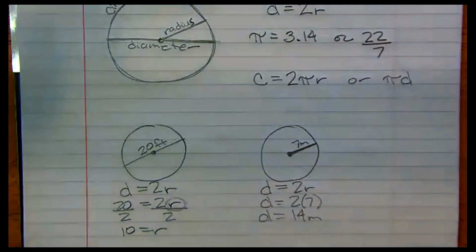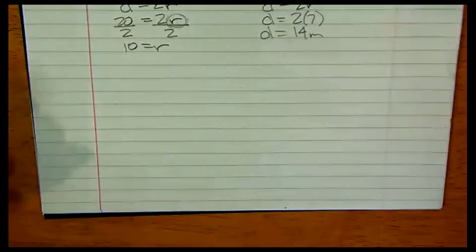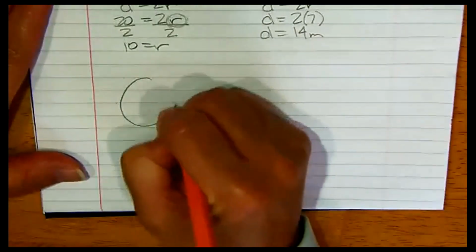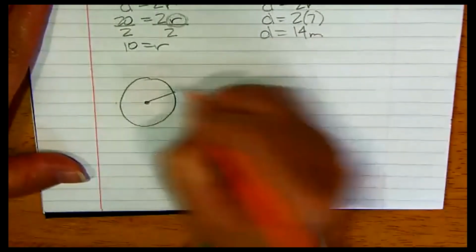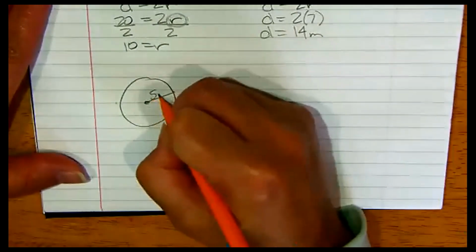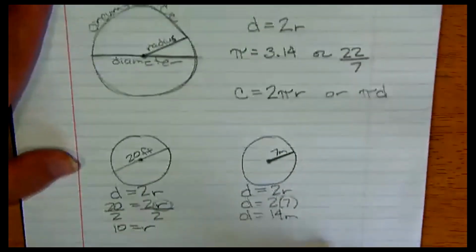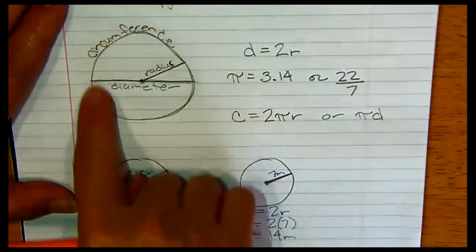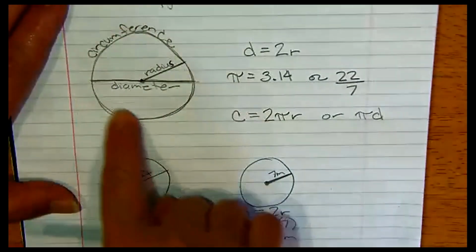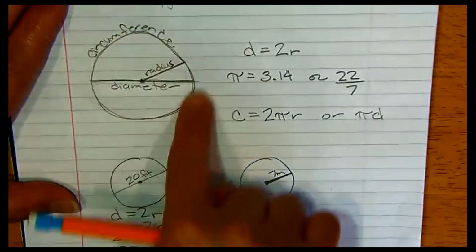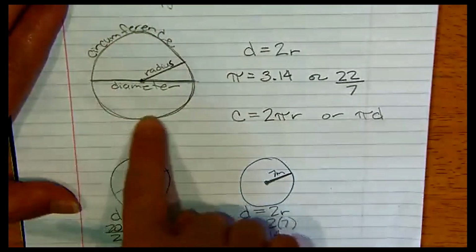Okay, so let's talk about how to find the circumference. We have a circle, and they're giving us a radius of 5 inches. If we look back up here, the circumference is similar to the perimeter of the circle, the outside edge of the circle.